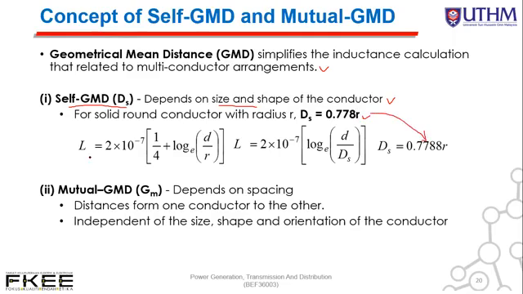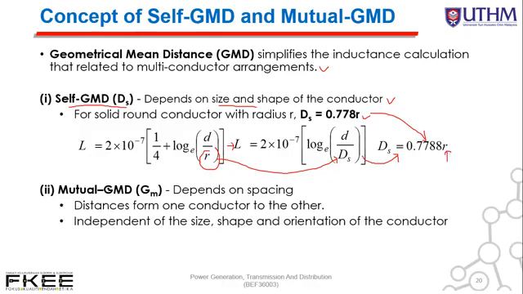So the inductance will be 2 times 10 to the power minus 7 times (1/4 + log_e D/r), or we can change this r to Ds, that is the self geometrical mean distance. Ds value is 0.7788 times r.